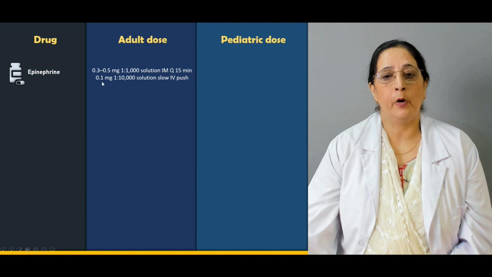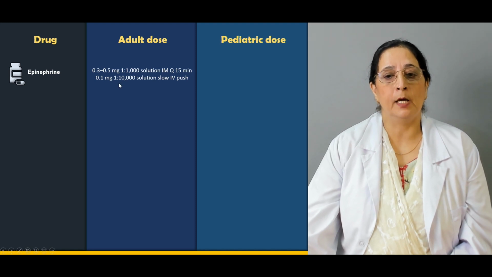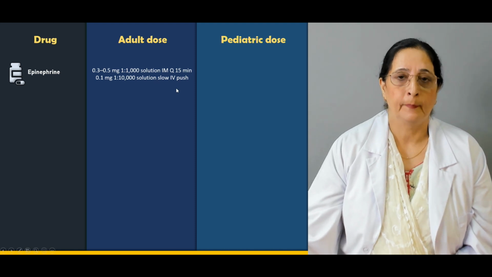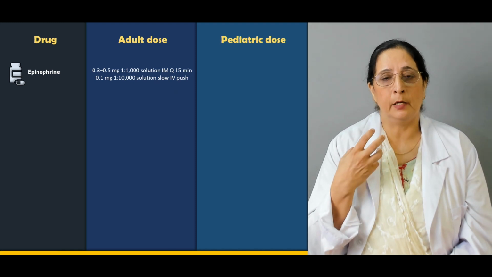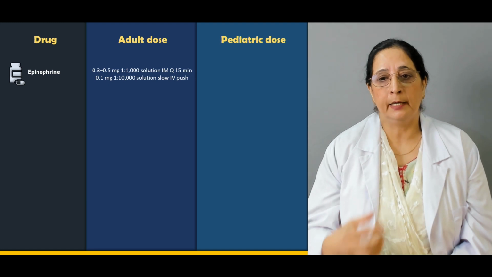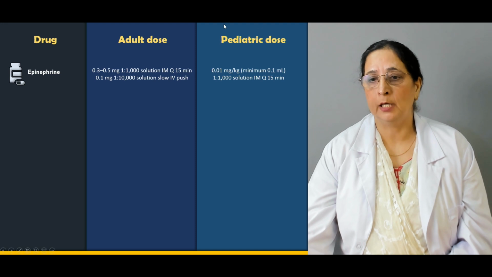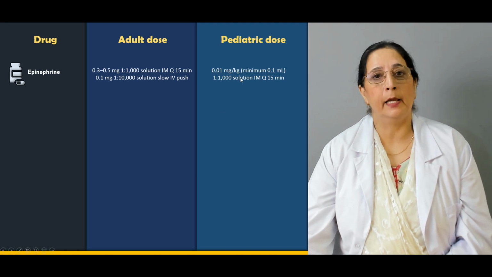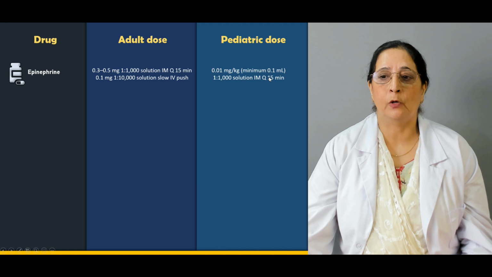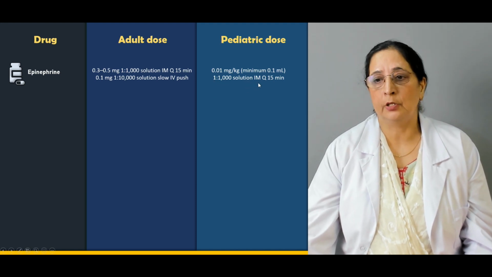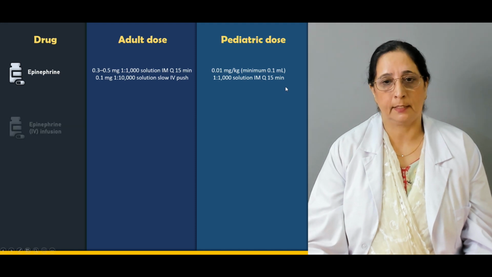And then 0.1 milligram, 1:10,000 solution, slow IV push. That's immediate treatment, should be given immediately. And then in children, 0.01 milligram per kilogram, it's according to weight, 1:1000 solution every 15 minutes.